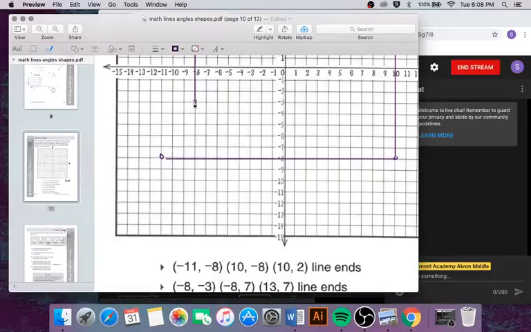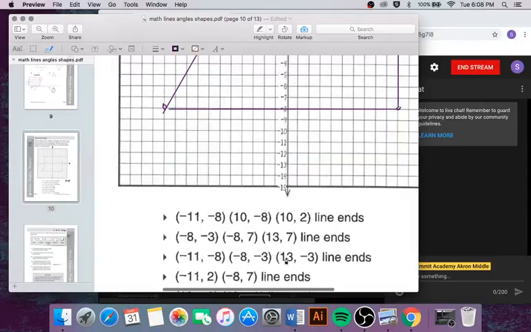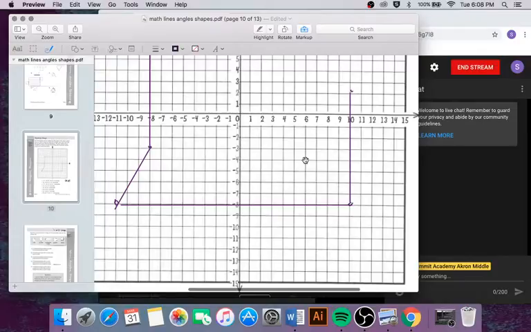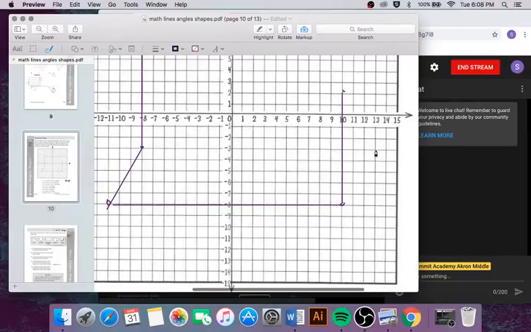There's a point there as well, so we're going to connect those with a line now. And then 13 and -3. So we're going to go over to 13 and down to -3. Plot a point there. And now we're going to connect these by a line.